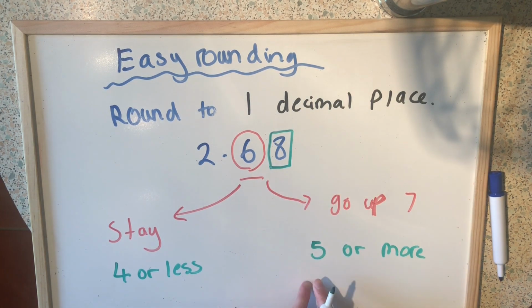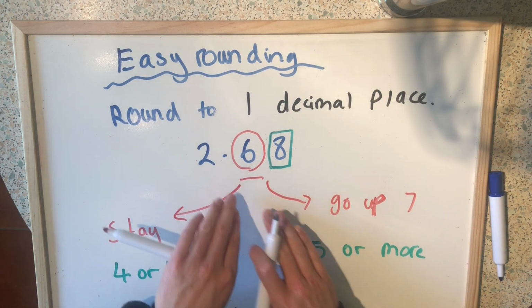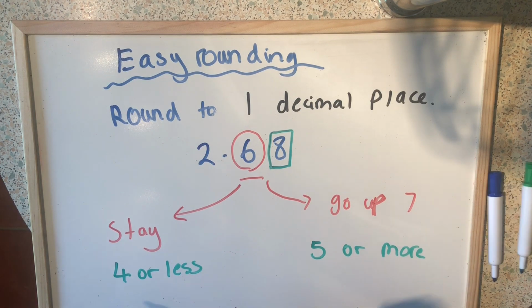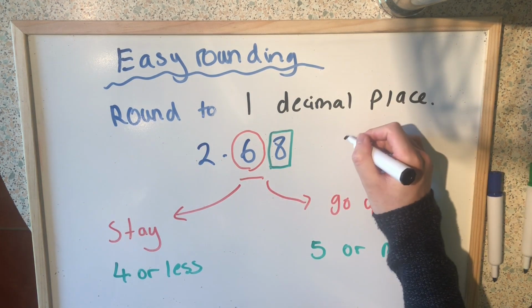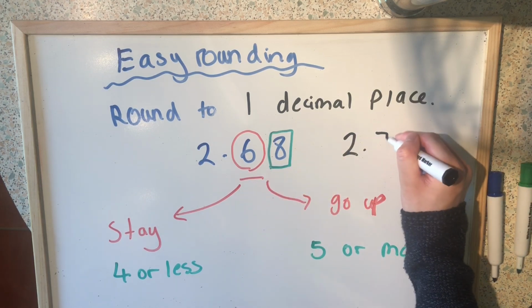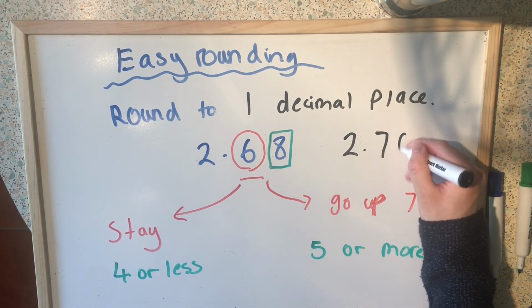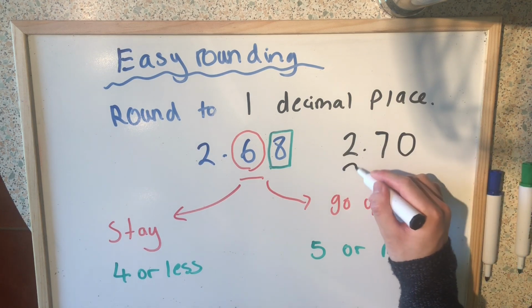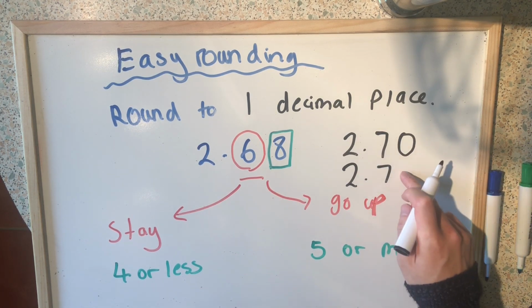And this 8 is definitely 5 or more. So this 6 will go up to 7. So that 2 stays there, 2.6 goes to 7. Anything after it becomes 0. And we can just write that as 2.7. That's 1 decimal place.